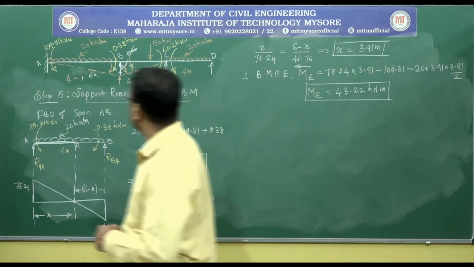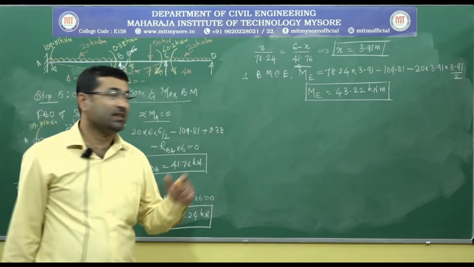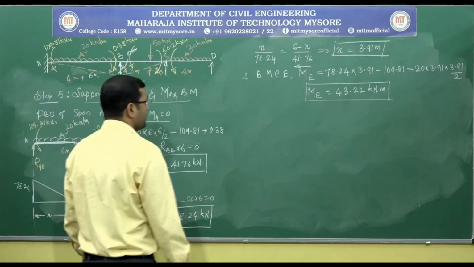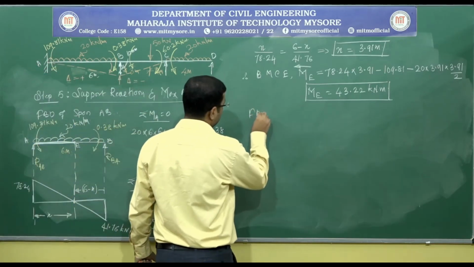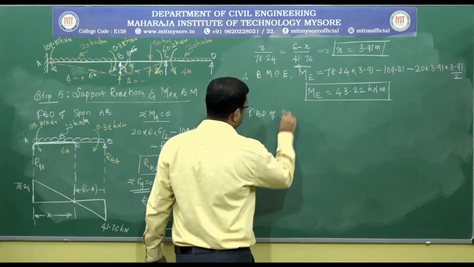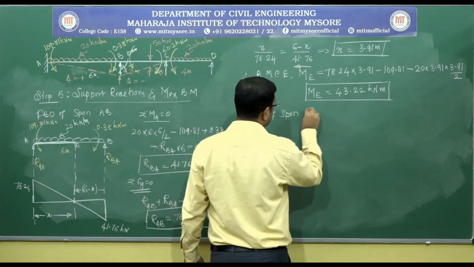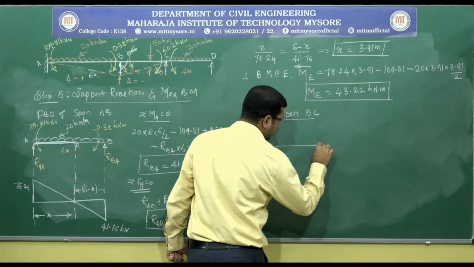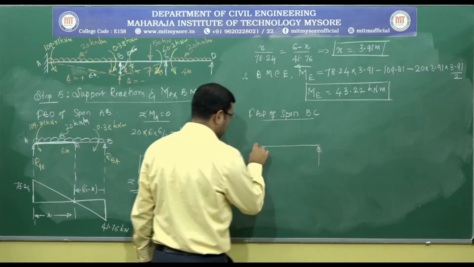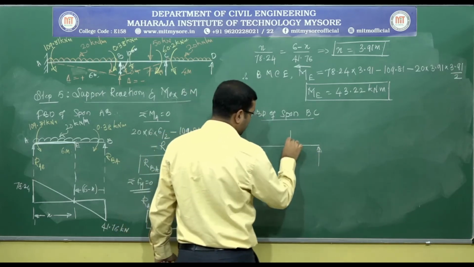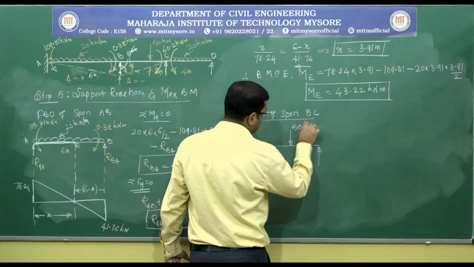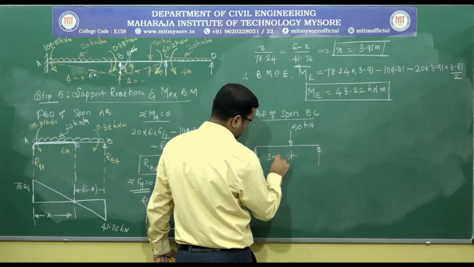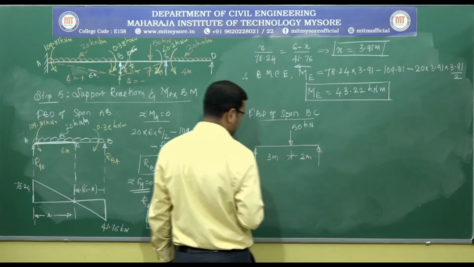Okay. Similarly, we need to repeat this procedure for the second span and for the third span. FBD of span BC. Now here you can see on span BC we have a concentrated load of magnitude 50 kilonewton, which is at a distance of 3 meter and the other distance is 2 meter.